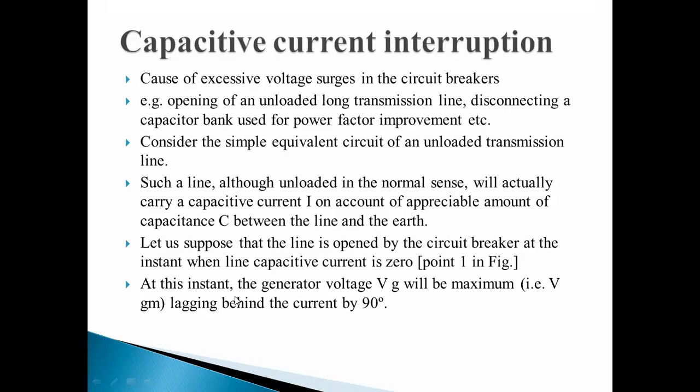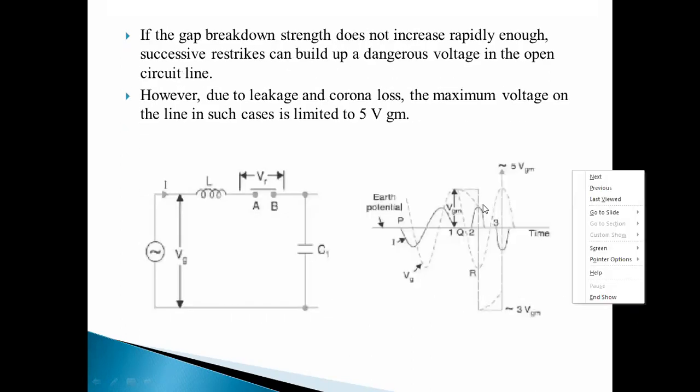So here at this instant, the generator voltage VG will be maximum, that is VGM, lagging behind the current by 90 degrees. Okay, so here this voltage becomes more when your capacitive current is equal to 0 at this instant.